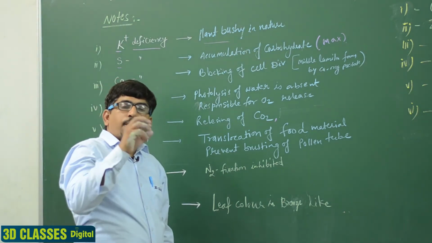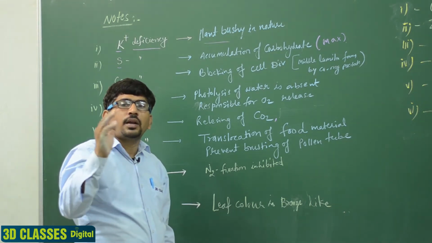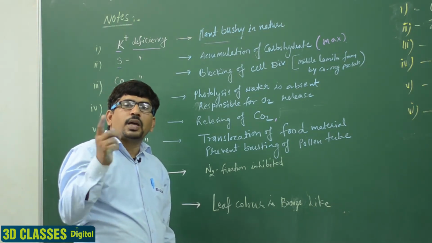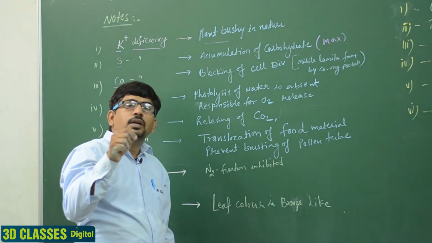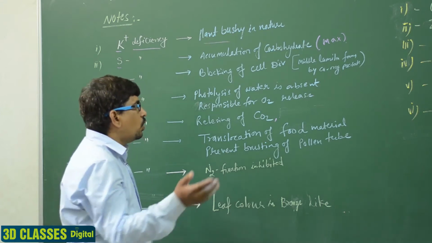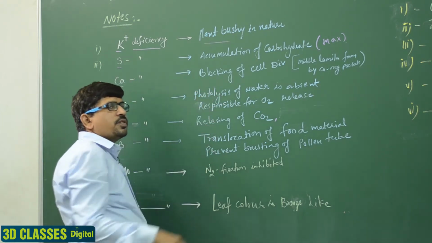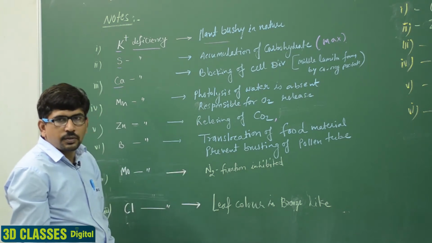In the presence of light, the chlorophyll molecule breaks the water molecule and releases O2 in the presence of Mn and Cl, particularly Mn. But in the deficiency of Mn, the photolysis of water does not occur, so the photosynthesis mechanism is affected and the release of O2 is absent. Clear?